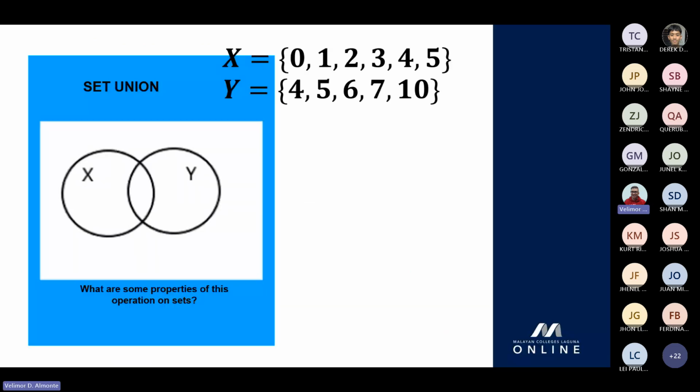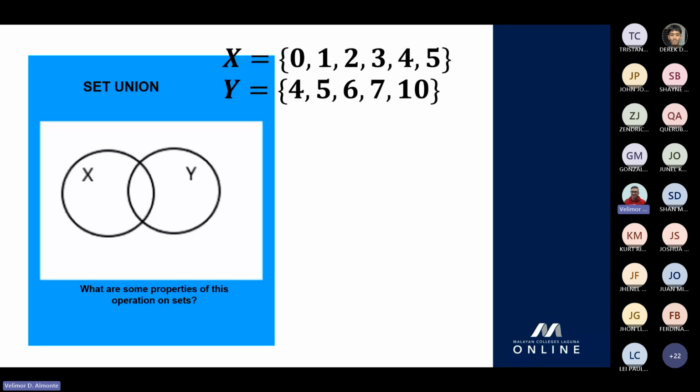Okay, let's start. So I have here two sets. I named them X and Y. X is the set containing 0, 1, 2, 3, 4, 5. Y is the set containing 4, 5, 6, 7, 10. Okay, so let's deal with set union. I have two circles. This rectangle is our universal set.